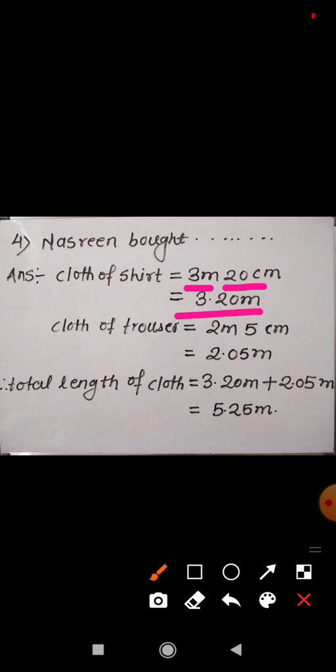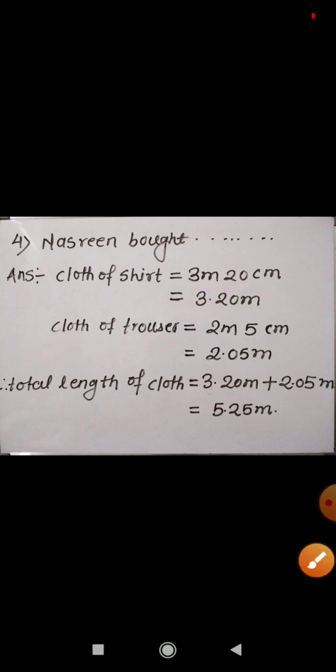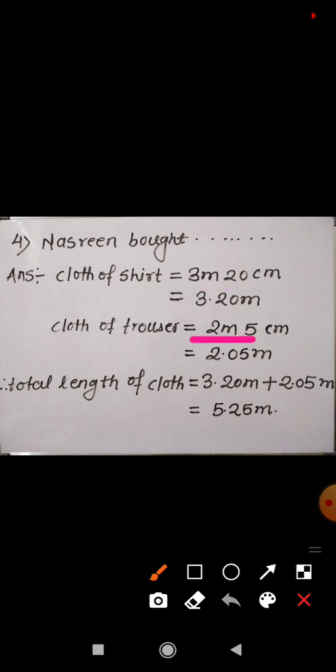Similarly, it is given the length of cloth for trouser. How much is it? 2 meter 5 centimeter. Again here the length is in meter and centimeter, and you can see I have converted this length into meter only. And it comes 2.05 meter, right?